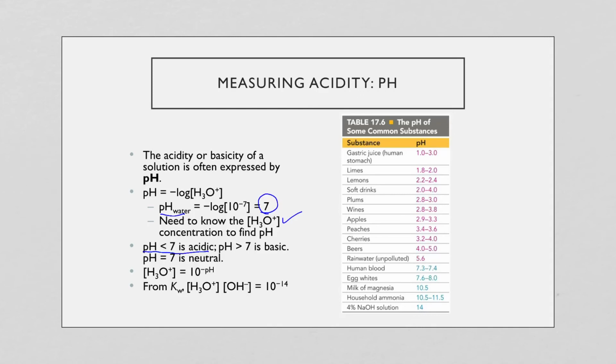If you have a lower hydronium concentration, and so the value gets smaller, you're going to get a larger value when you take the negative log. So pH greater than 7 are going to be basic. And as I said, pH 7 is exactly neutral.